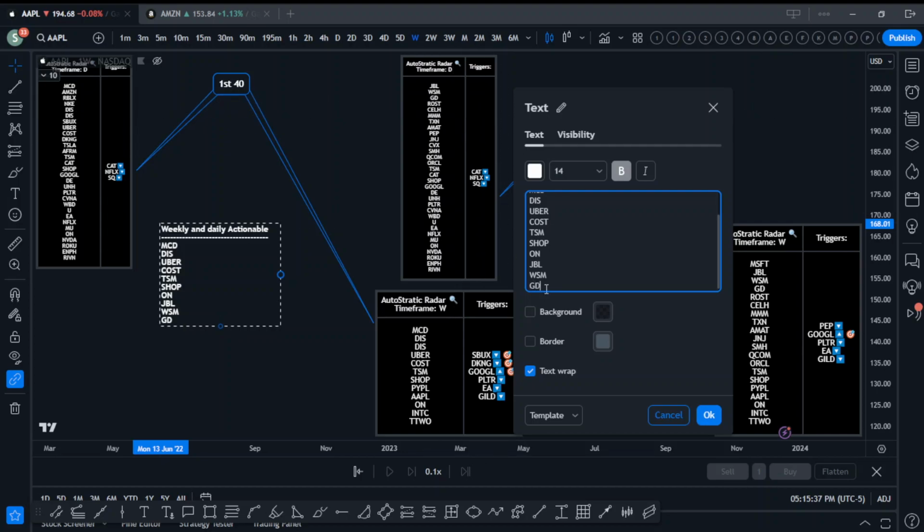General Dynamics, Ross, Celsius, 3M, Texas Instruments, AMAT, all of these on there.